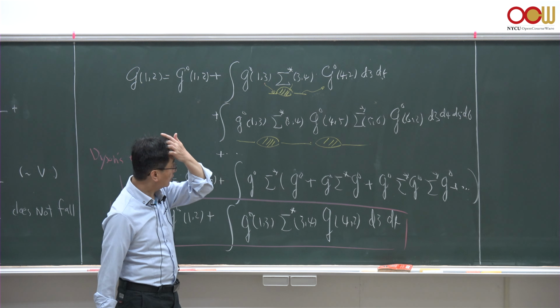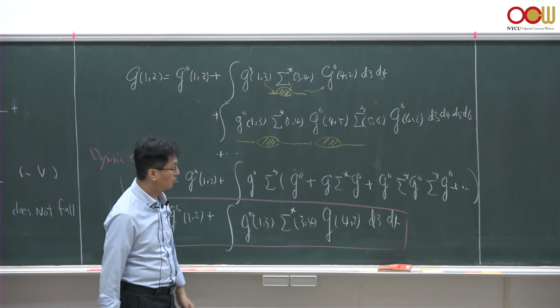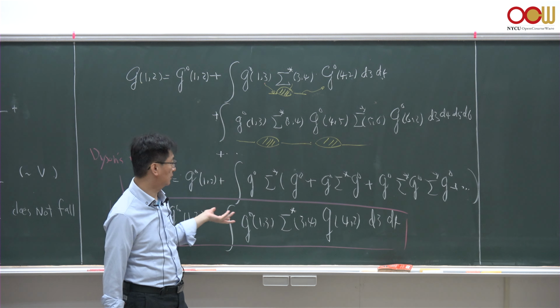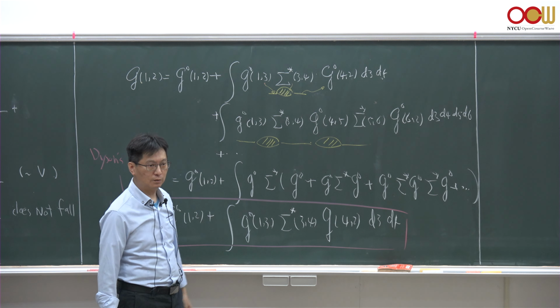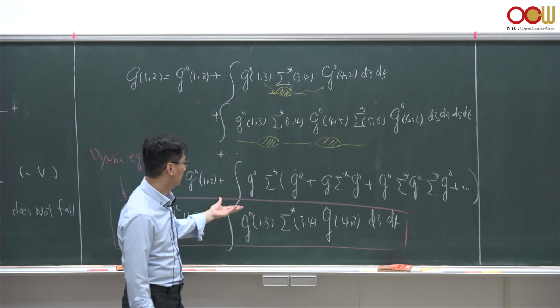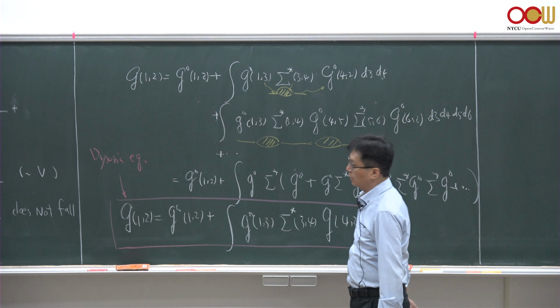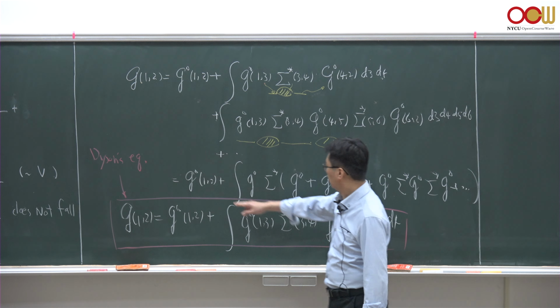Okay, so you can imagine that I could just keep expanding these self-energy diagrams by connecting more and more one-particle irreducible diagrams, and I could reorganize these terms in the following way.